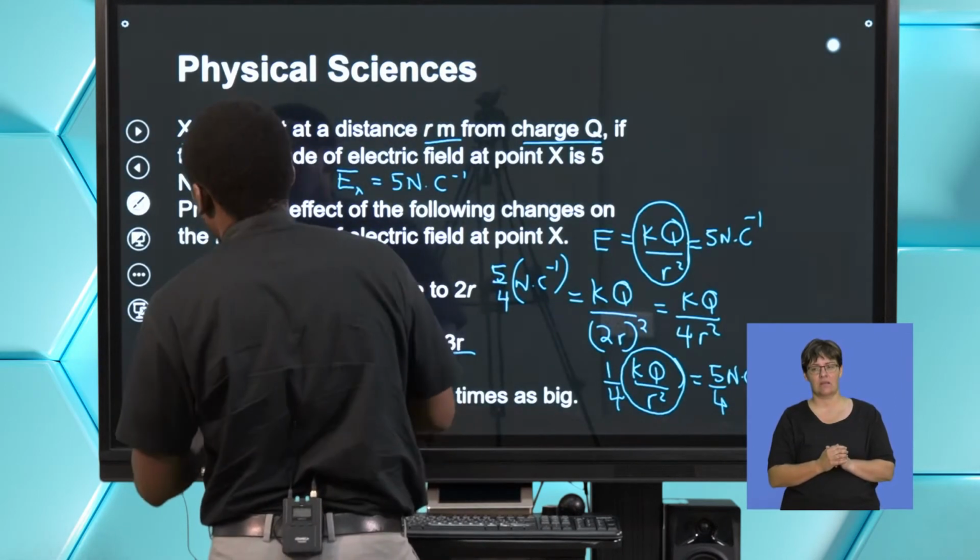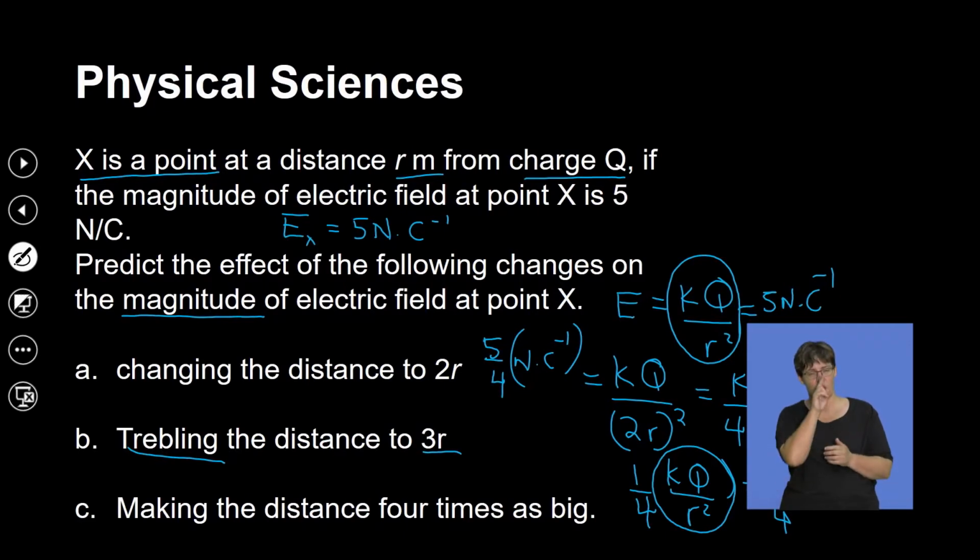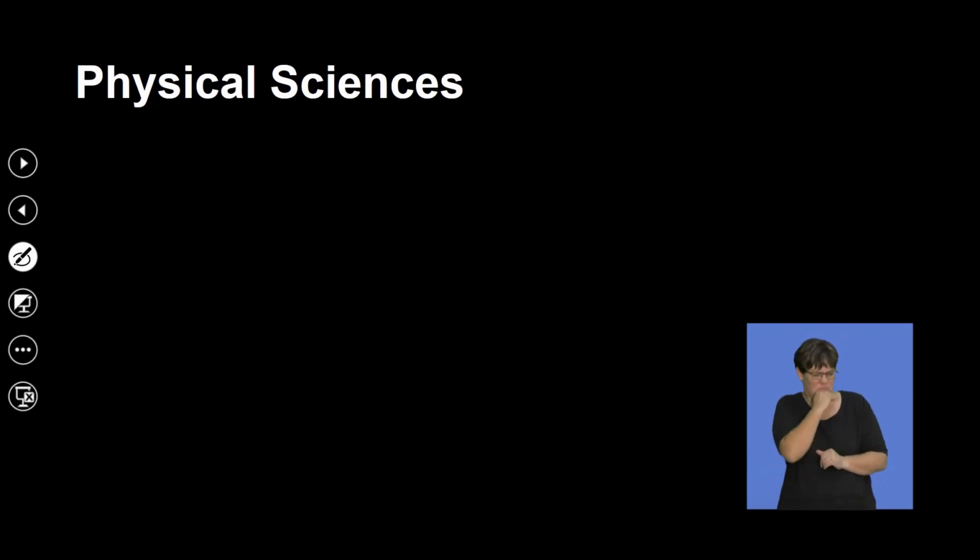Having said that, let's look at the case, because we're told that at point X, at distance R, it's 5 newtons per coulomb. It means if we treble the distance, the magnitude of the electric field at point X, 3 times the original distance away from the surface of the charge, would be even smaller than 5 newtons per coulomb. What does that mean? We know that E is equal to kQ over R squared.